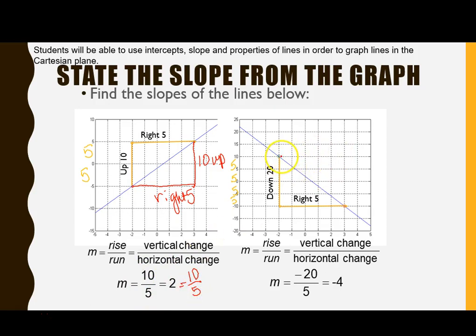Say I wanted to say I'm going to go from here and I'm going to go right 5 and I'm going to go down 20. Or you went from here and you said I'm going to go up 20 and I'm going to go left 5. Well, if you go up 20, that's a positive 20. And if you go left 5, that's a negative 5, which gives you a slope of negative 4. So either way, they're still the same.